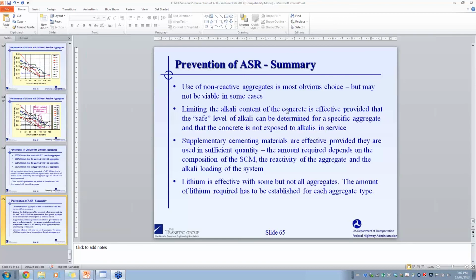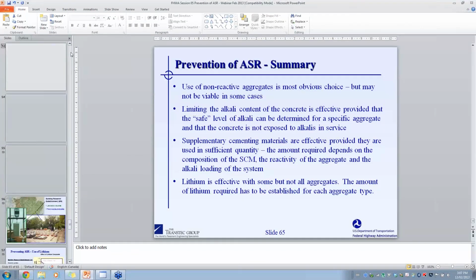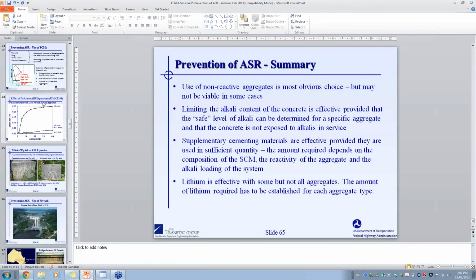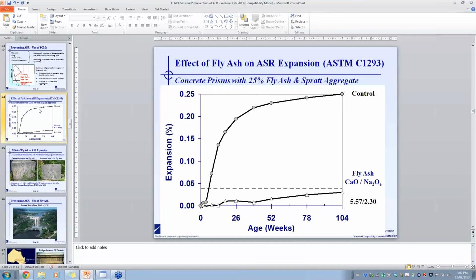It's, what was the alkali in the cement for the control on your slide 24? Let's see. Just give me a second to go to that slide. Yeah, this test has basically been run in accordance with the 1293 test. So the control is produced with a high alkali cement.